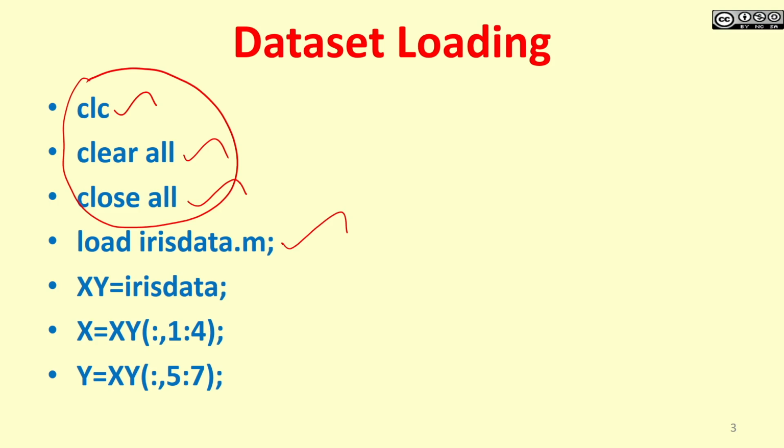Here you can see that load is the command that is used to load the data set. Here the data name is iris data and this data is stored with the extension .m. It means that the data may be available in any format, .dat format, .txt format, .csv file format or any other format, but it is much easier once we convert this into .m format.